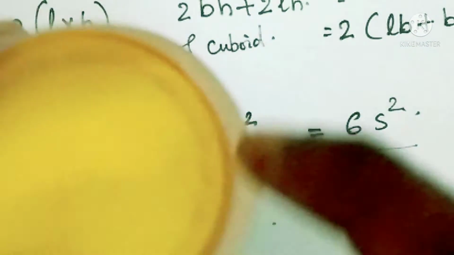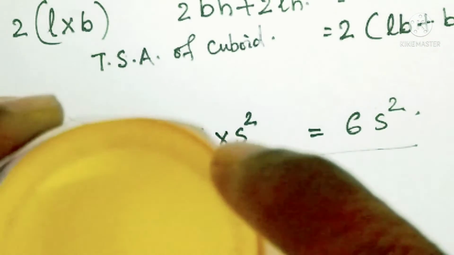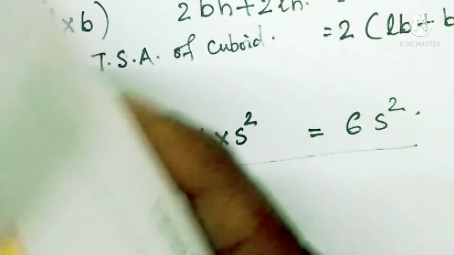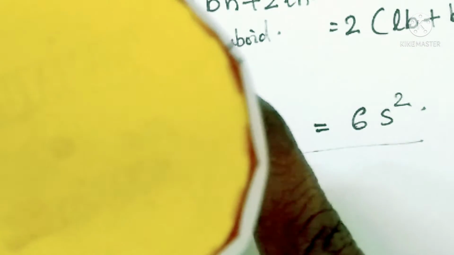It is equal to the length of this paper, which is L. And if you fold this paper from here, that is the breadth of the paper. The breadth of the paper is equal to the height of the cylinder.